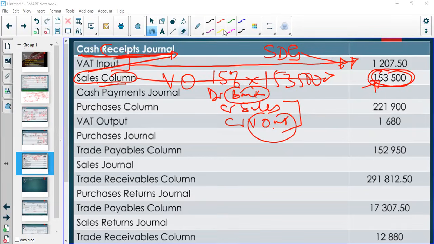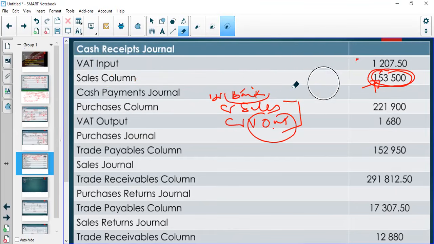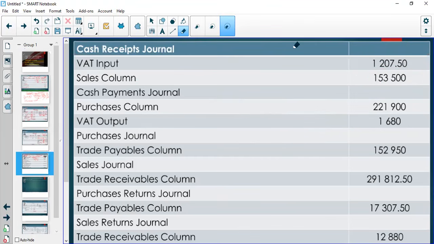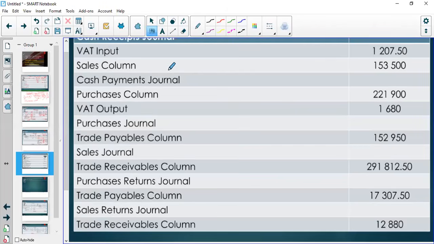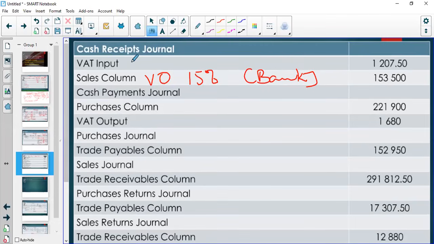So you see that there are a few tricks there which the examiners can use, right? So if you want your VAT output here, it's going to be 15%, and the description is going to be bank, right? And if you want here, this is settlement discount granted, right?